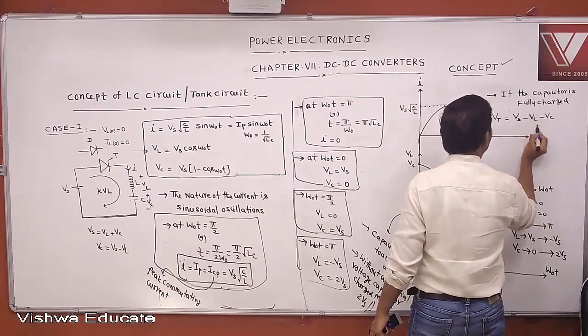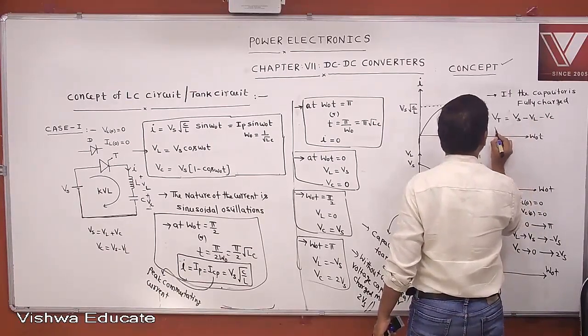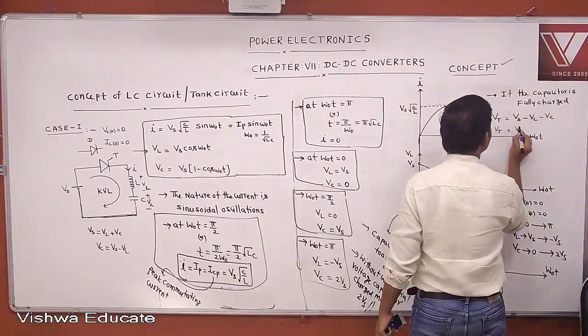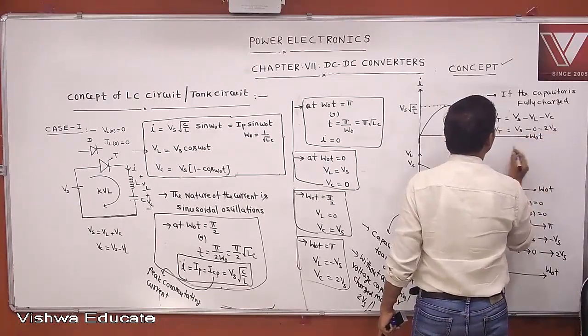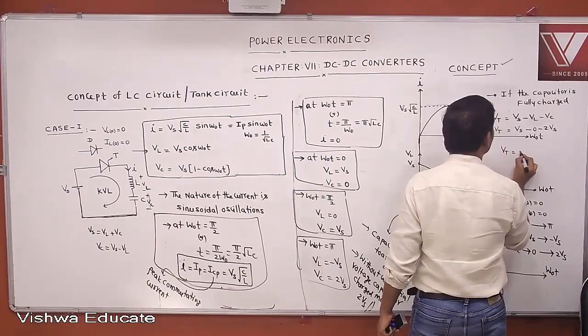But at steady state condition, the inductor acts as a short circuit. Then what is the voltage across the thyristor? Vs minus 0 minus 2 Vs. Then the voltage across the thyristor equals minus Vs.